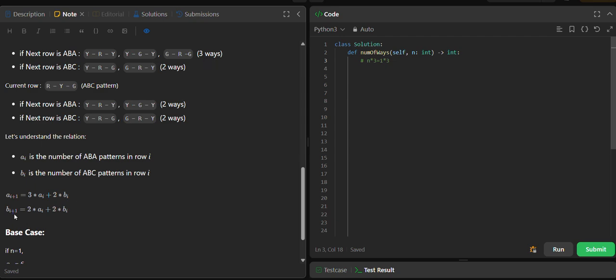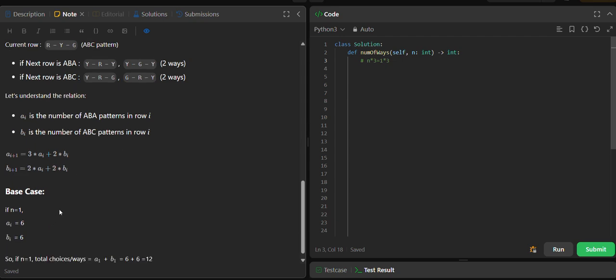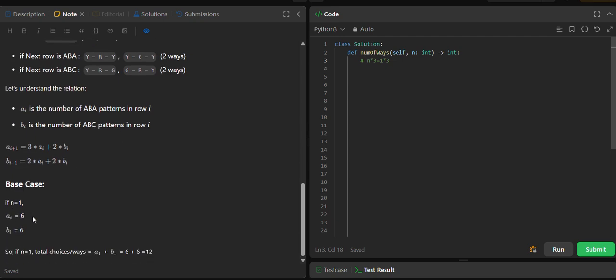Similarly, the ABC pattern for the next row, BI plus 1, equals 2 into AI plus 2 into BI. And the base case is if n equal to 1, we have AI equal to 6 and BI equal to 6. So if n equal to 1, then the total choice is simply 6 plus 6 equal to 12. So now let's understand the Python code to solve this problem.